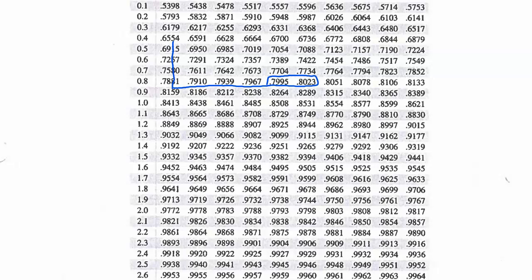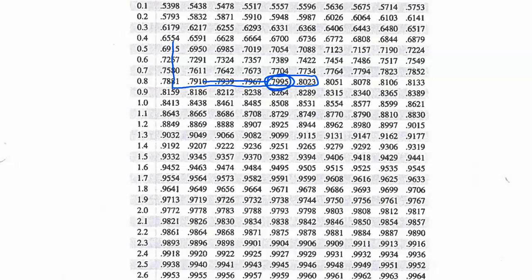So what you do is you start in this first column, going down and seeing where it starts changing. Then you can go over to the right and see where it actually changes. And remember, we look for the one that it's closest to. This one is 5 points away. This one is 23 points away. So we're going to use this number.